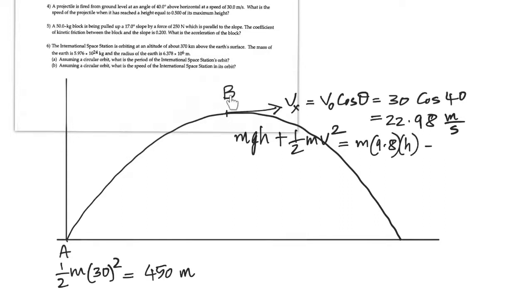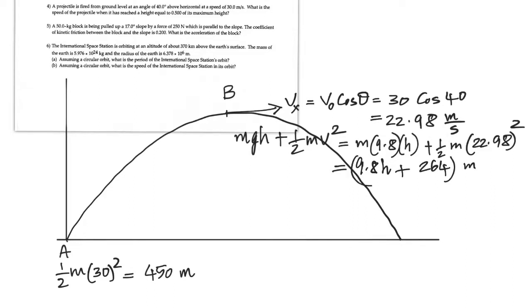And at point B, it has both potential and kinetic energies. And that's mgh, we do not know the height, plus 1/2 times m times the velocity squared, at the highest point. So that gives us that equation, again in terms of m.